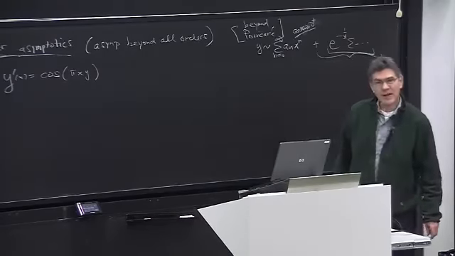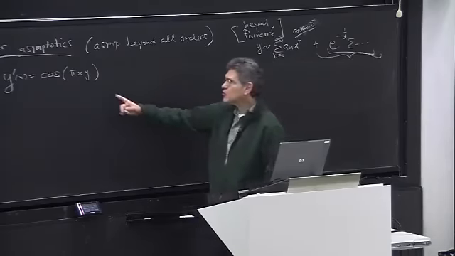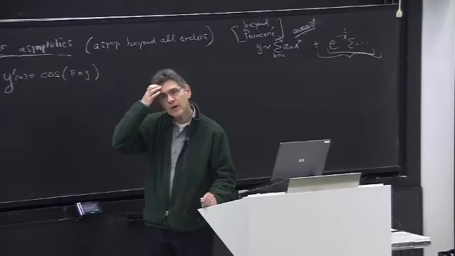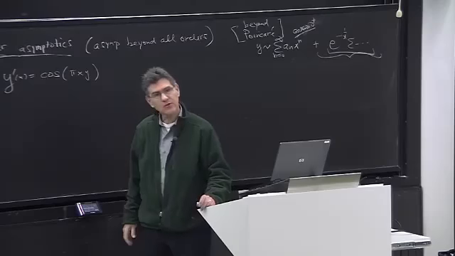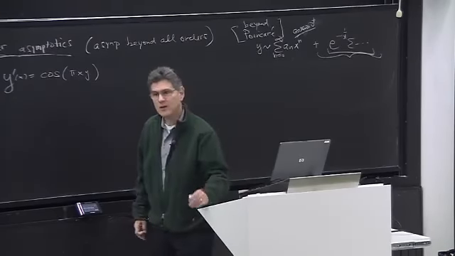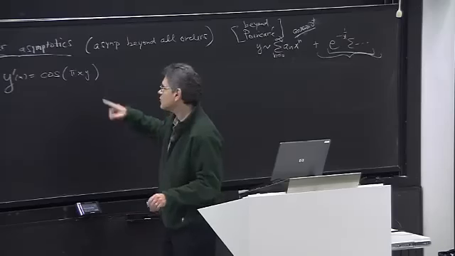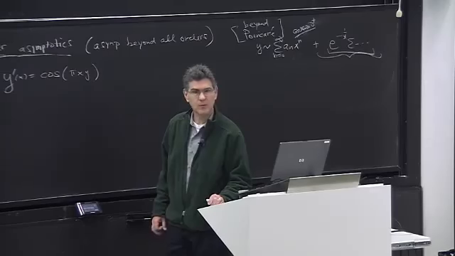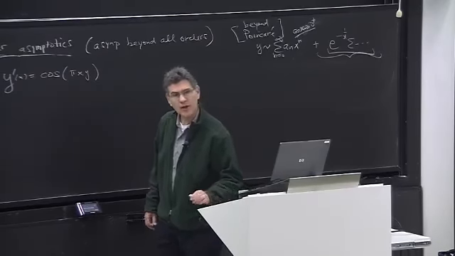But can we guess how the solution to this equation looks? Well, we can. Now I want you to think a little bit. Imagine, what does the solution to this equation look like for large x, for example? Suppose x were getting large.